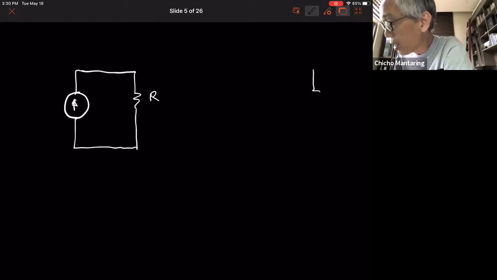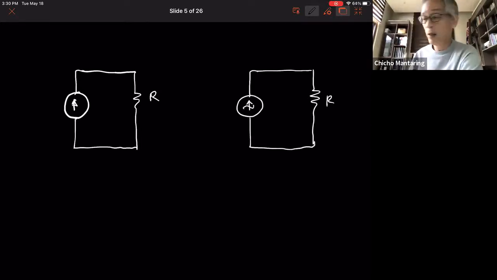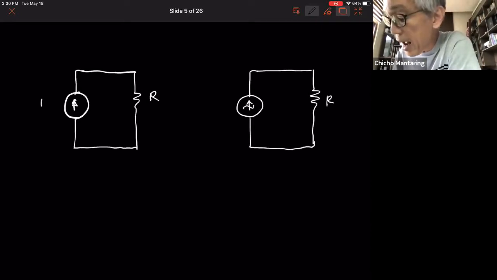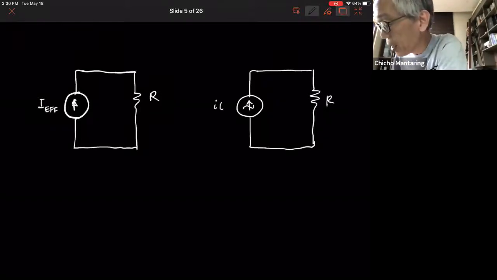Same resistor R. And here I connect it to an AC current source. Okay, let's say this is IEFF. Okay, and then this is Is of t.